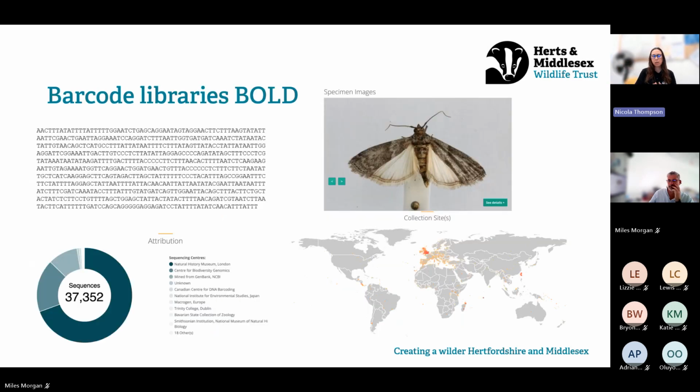So we can quickly discover species within a habitat. It's low cost compared to multiple taxonomists, but it depends on complete libraries, such as BOLD, to identify those sequences once they're identified. So this is BOLD, and this is a library collection of species.